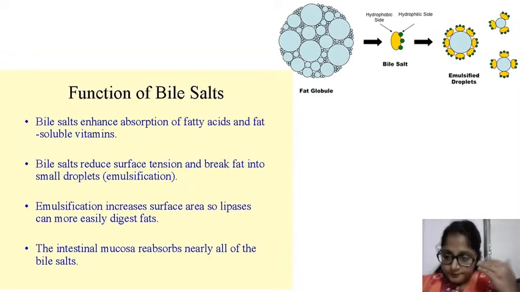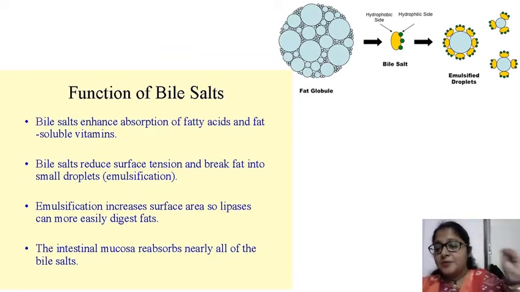It helps in emulsification by reducing the surface tension and breaking the fat molecules into smaller particles. And also, when the emulsification is done, the fat molecules spread, and the little molecules can be acted upon greatly by the lipases. Also, bile has a cholagogue action.